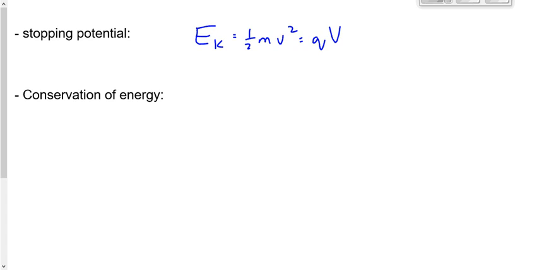So we're going to say the kinetic energy, it's actually the maximum kinetic energy of the electron is equal to 1/2 mv squared, or mv maximum squared, is equal to QV stop. The stopping potential, electric potential that's required to stop the electron. That's not the photoelectric effect itself, because the electron's already been ejected, but it helps us to determine some of the properties of the metal within the photoelectric effect.